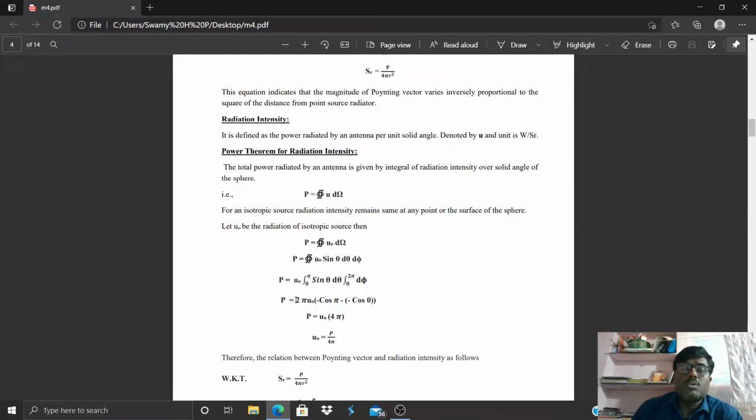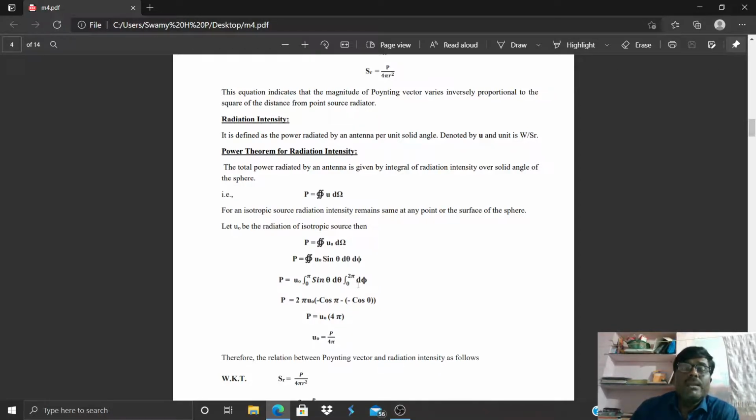So P is equal to, if you integrate sin theta with respect to theta, you will get 2 after applying the limits 0 and pi, that is minus cos pi plus cos 0, and 2 pi is the integration with respect to d phi, into U naught. Okay.